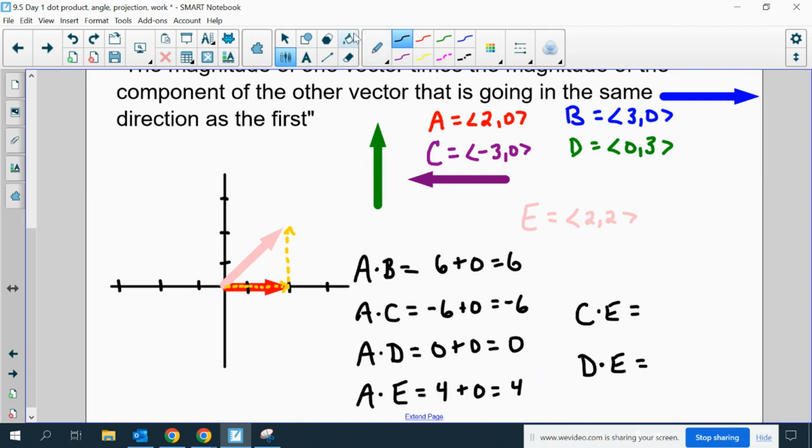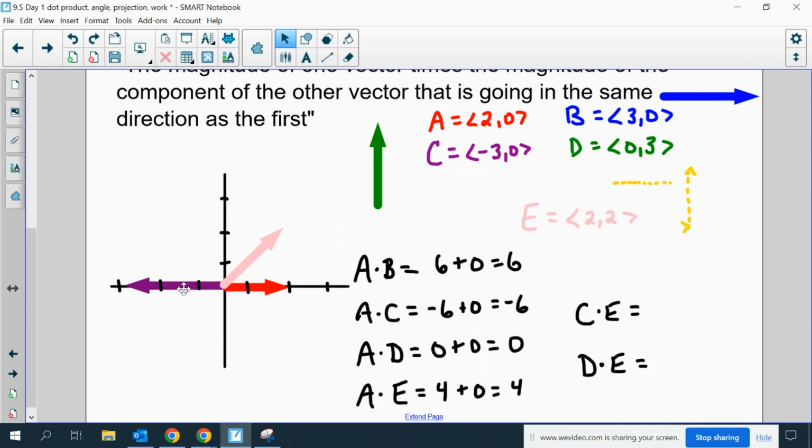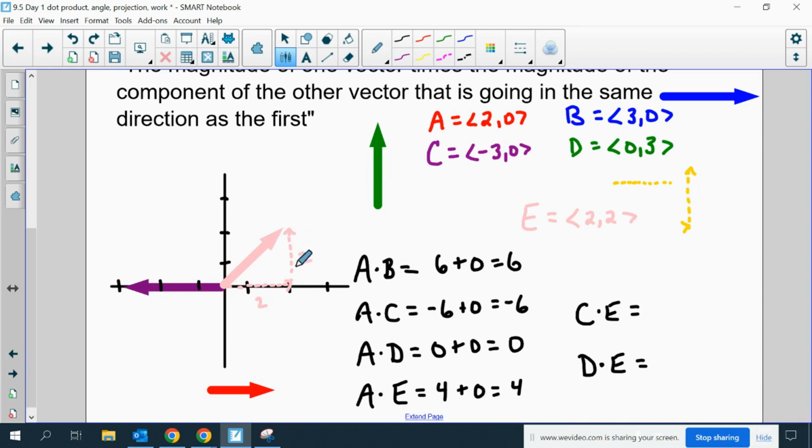C dot E, if I get rid of these yellow things and I move C over, then what I have is the purple one somehow getting in components like this. I probably should have left the yellow. But I have a component of 2 and a component of 2.